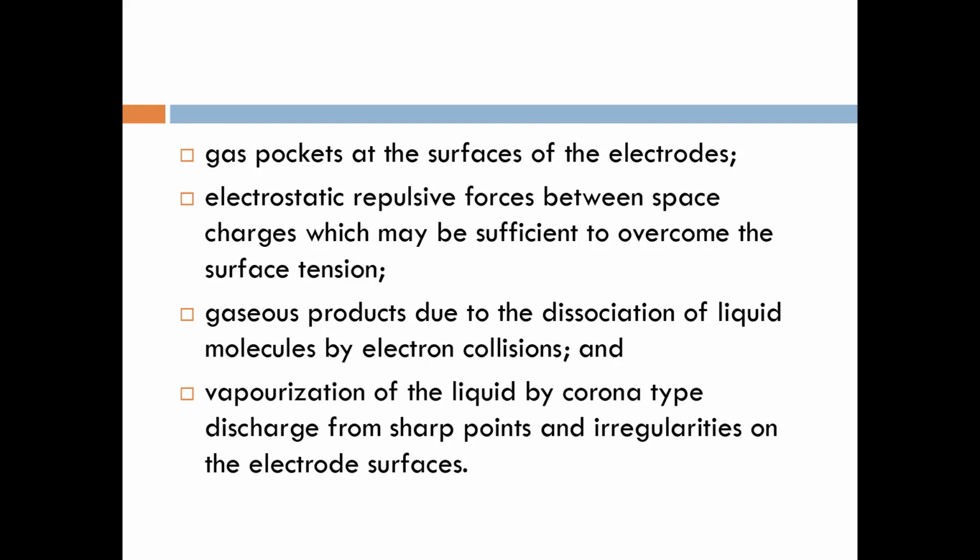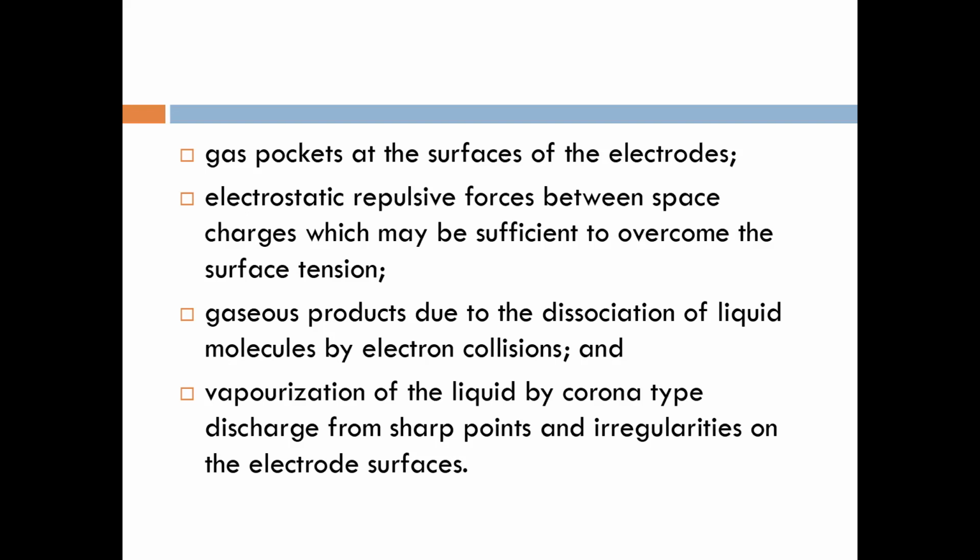Now the third one, gaseous products due to dissociation of liquid molecules by electron collision. In the case of breakdown in gases, we have seen the electron collision, because there is one method of breakdown in gases due to electron collision. So in this case, gaseous products due to dissociation of liquid molecules by electron collision.